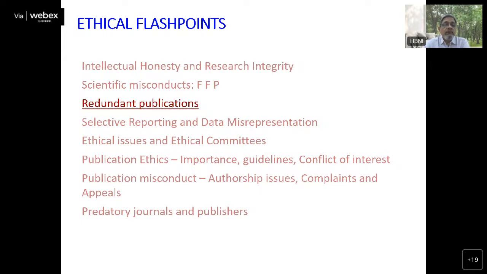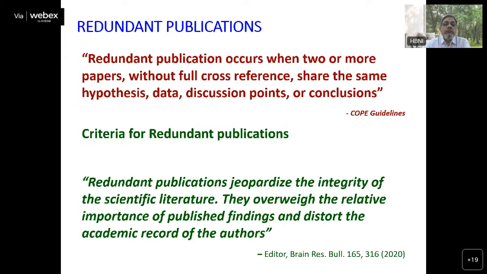So what are these redundant publications, and how do they affect the scientific community as well as the publications? So as per the COPE guidelines, redundant publication happens when two or more papers without full cross-reference share the same hypothesis, the same data, discussions, results, etc., as well as the conclusions.